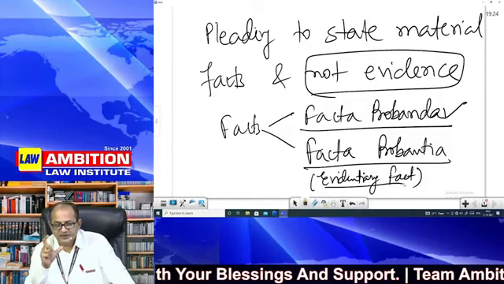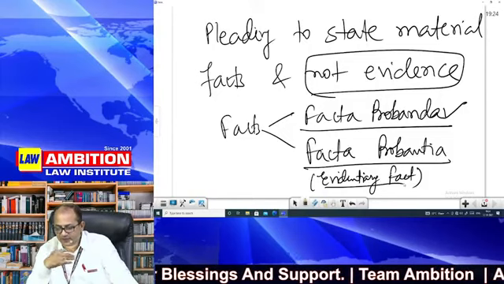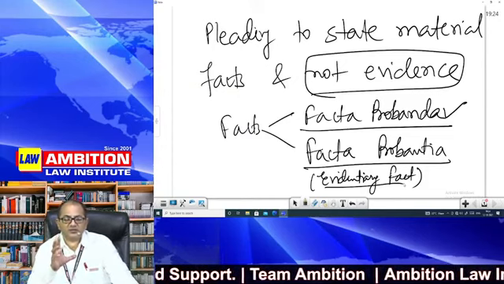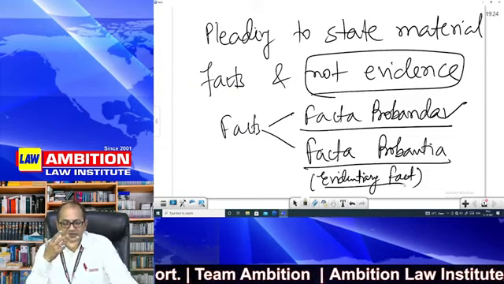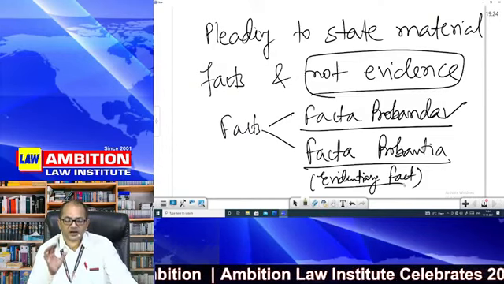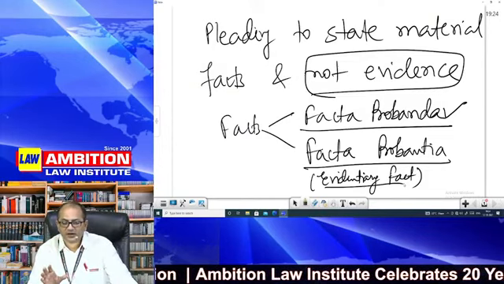What facts we are required to bring, I will explain even further again and again, but let me tell you, here we are required to explain in the plaint how the cause of action arose. Cause of action arose in a simple way by entering into contract and by breach of contract. So your facts should relate to these things.